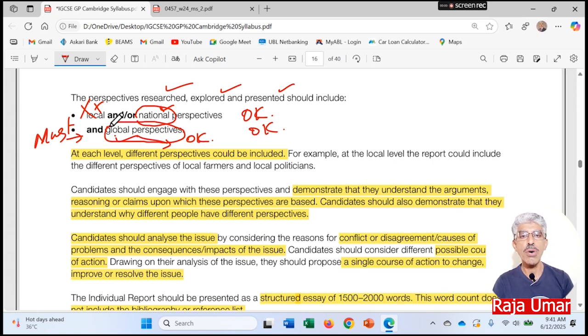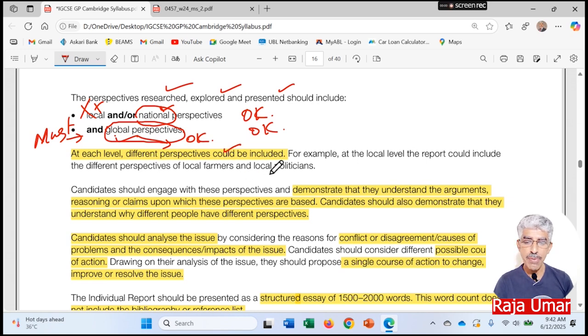So that is included there. It is not necessary to consume your word count in the main report by explaining local perspectives independently or exclusively. That would consume your space, your word limit and even your energy as well.